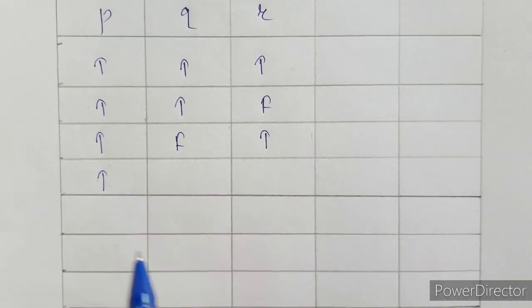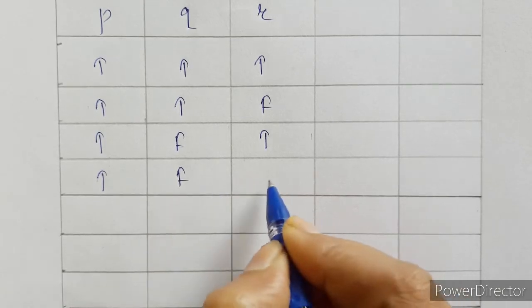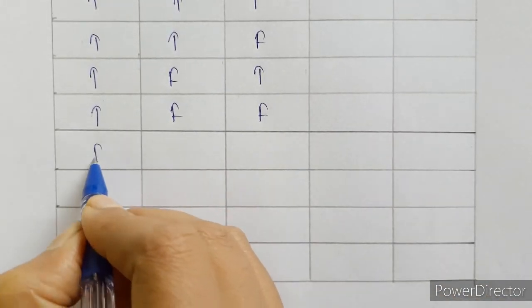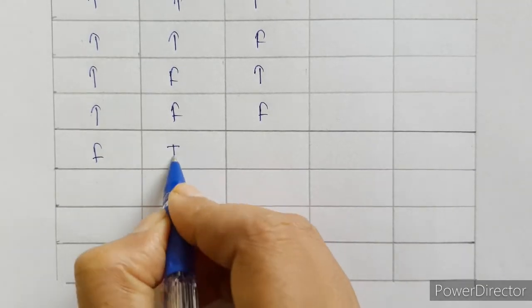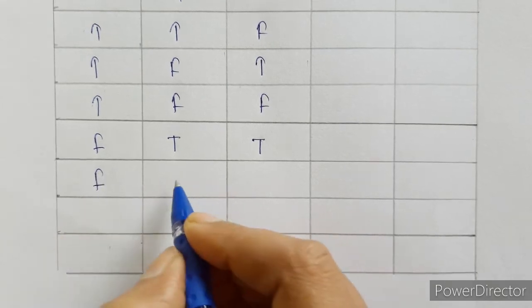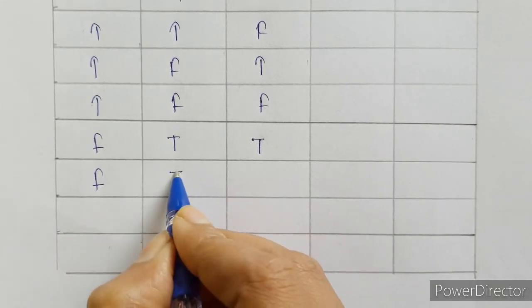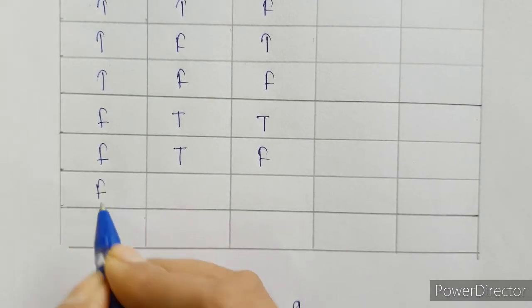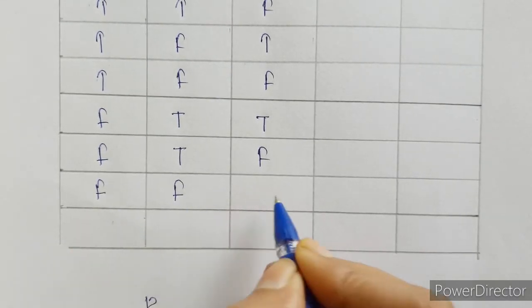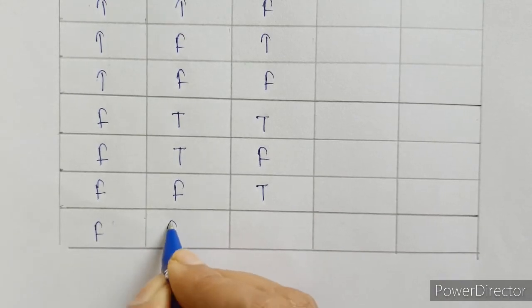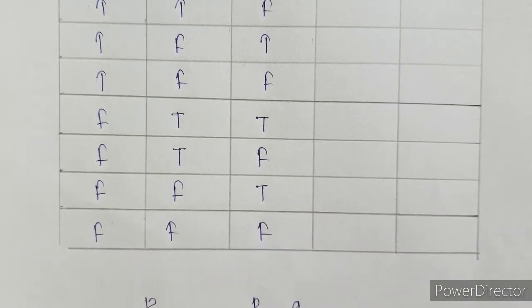Again first true, second false, and third also false. Next first false, second true, third also true; first false, second true, third false; then first false, second also false, but third true; or all three can be false.